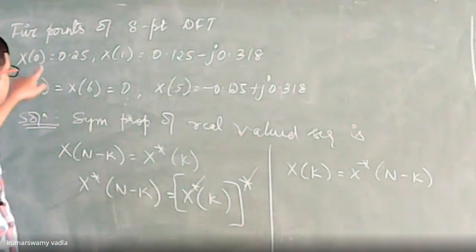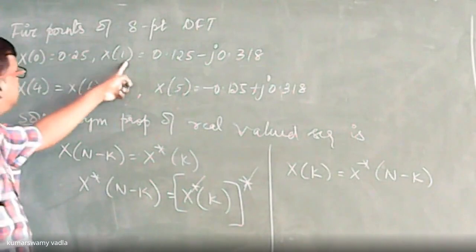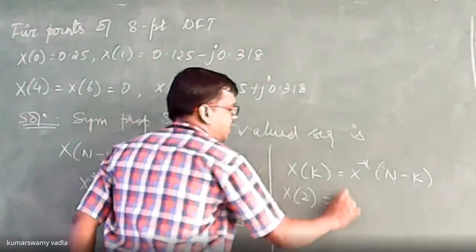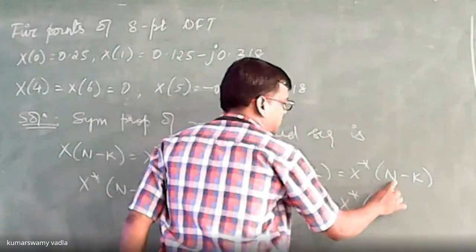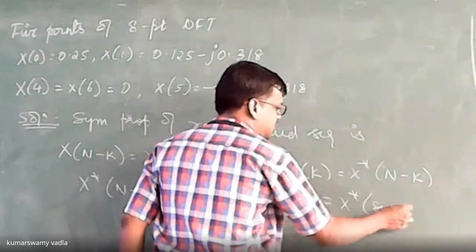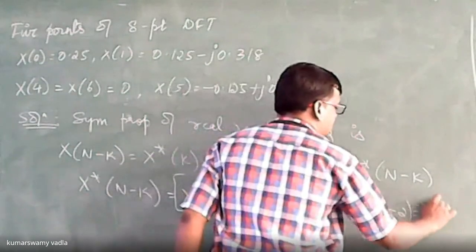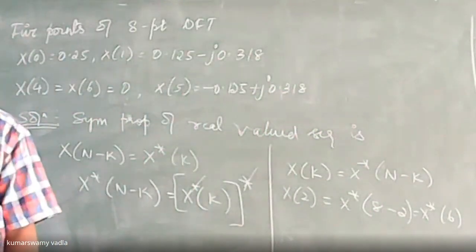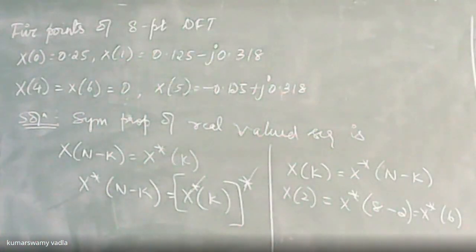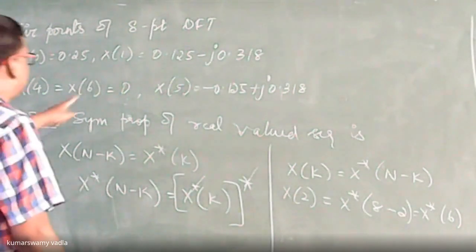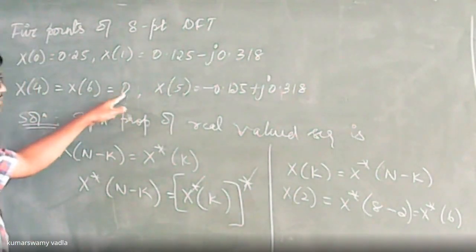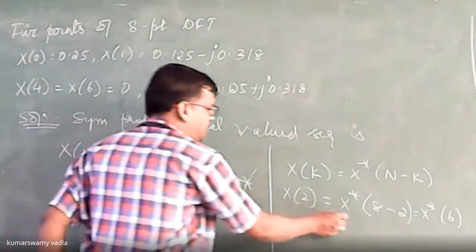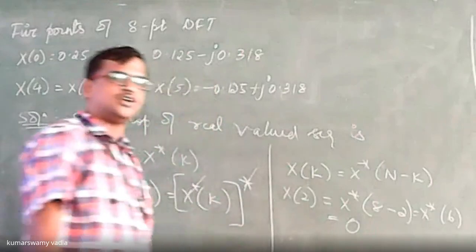Now, to find capital X of 2, since 0 and 1 are given, x conjugate of n is 8, and k which I considered here is 2. So x conjugate of 6. They have given x of 6 as 0. Its conjugate is also 0. Yes or no, students?